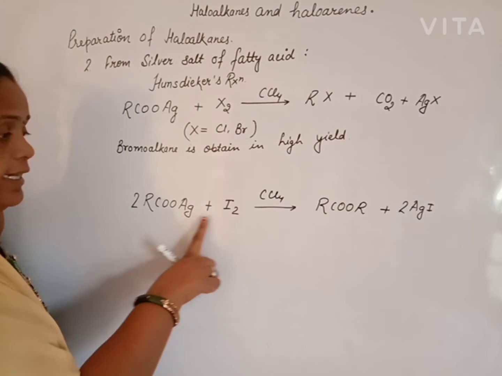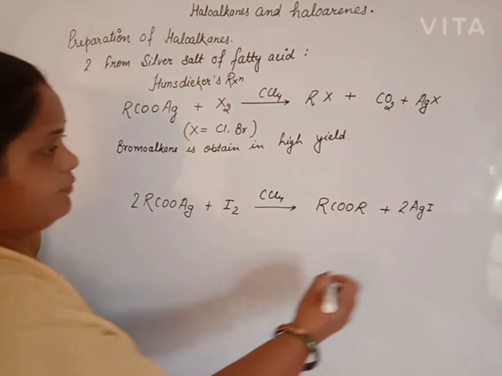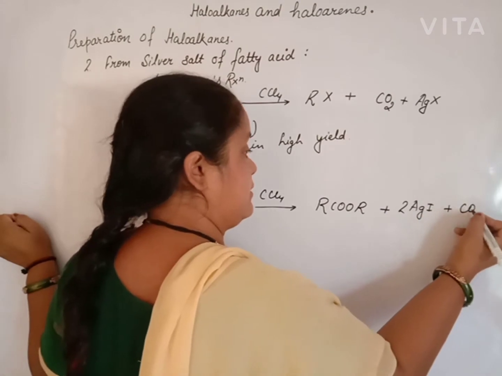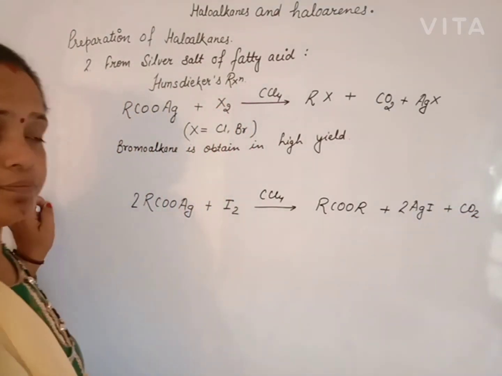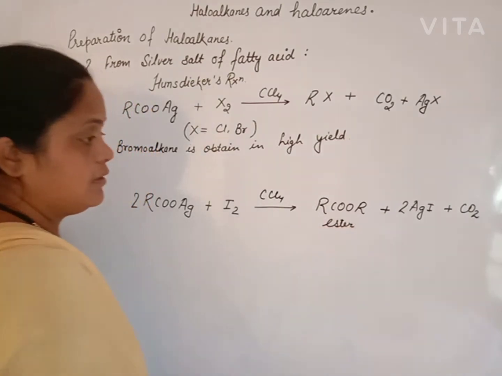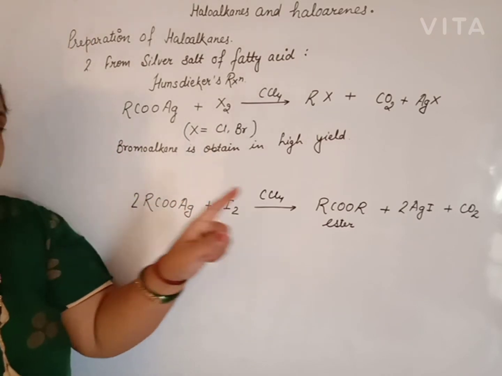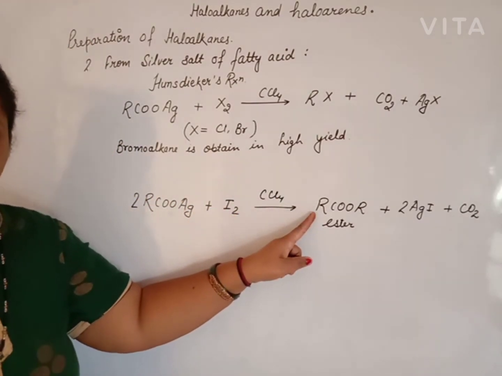Both silver atoms react with iodine, AgI is removed, 1 mole of carbon dioxide is expelled, and we get ester. So it is used in the preparation of ester but not in the preparation of haloalkane.